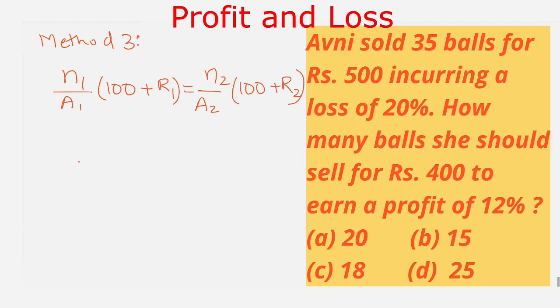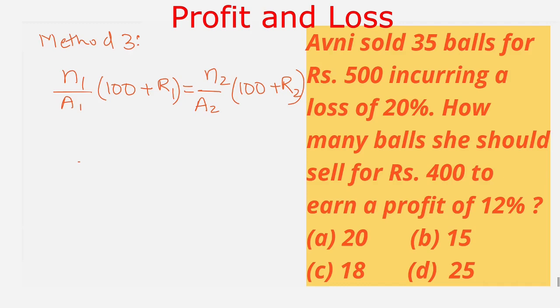Here N1 is the quantity for amount A1 and R1 is the profit or loss percent, equal to N2, the second quantity for amount A2, into 100 plus R2, the profit or loss for selling N2 items in amount A2. Here R1 and R2 are taken positive if it is profit and negative if it is loss. Now we put the values and we get the answer for our question.